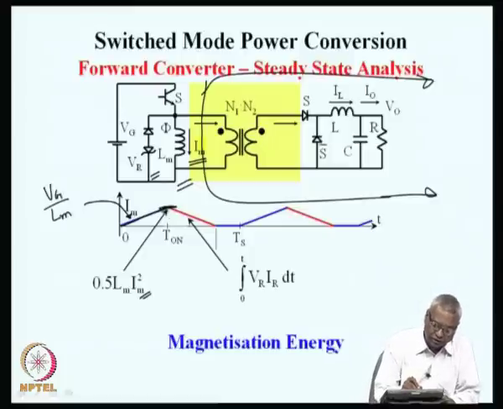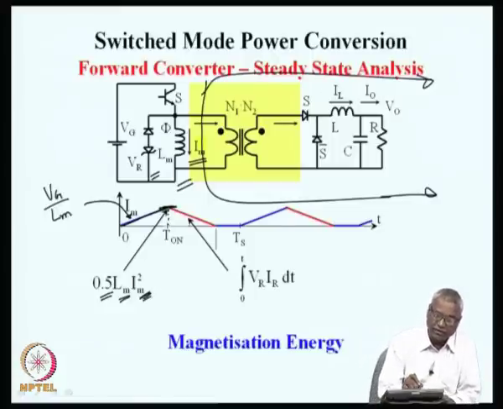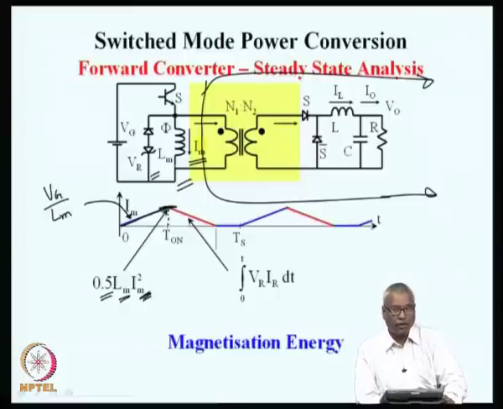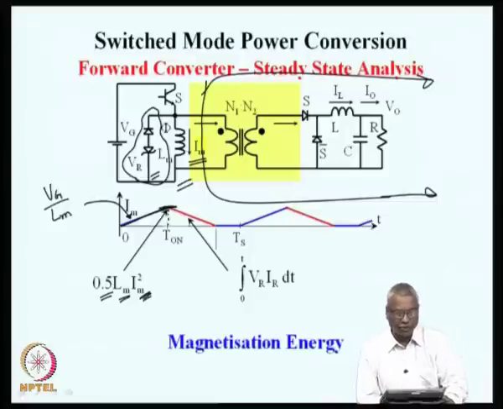The total energy at that time in the core can be written as 1/2 of Lm into Im peak whole square. Now, this energy is trapped in the core, and this energy is what we are trying to reset using the reset circuit here, which is the VR plus the diode.